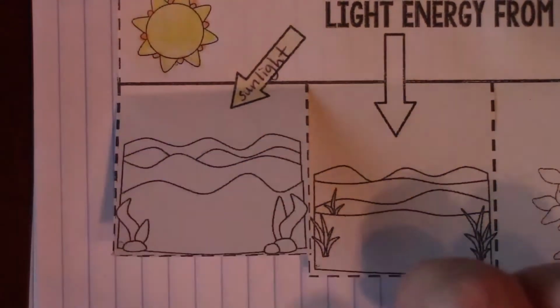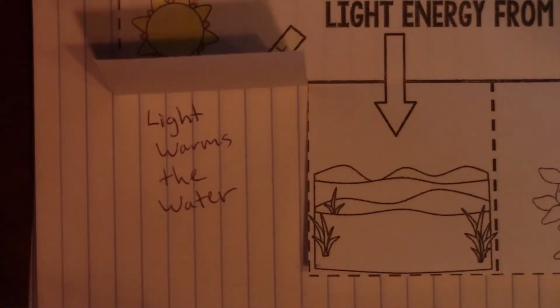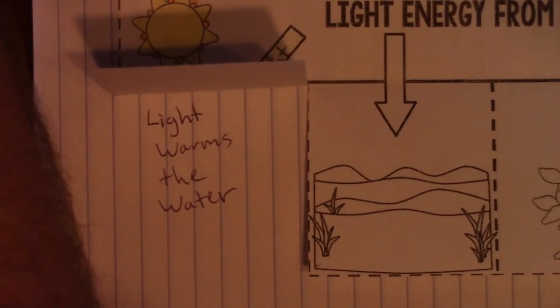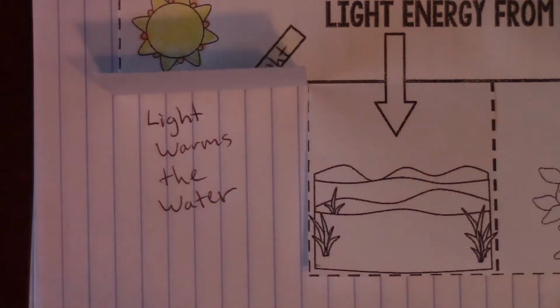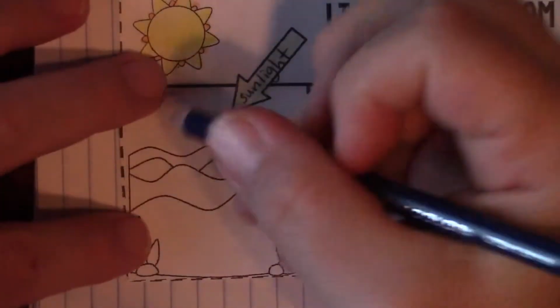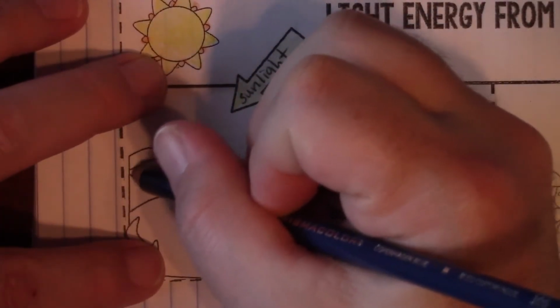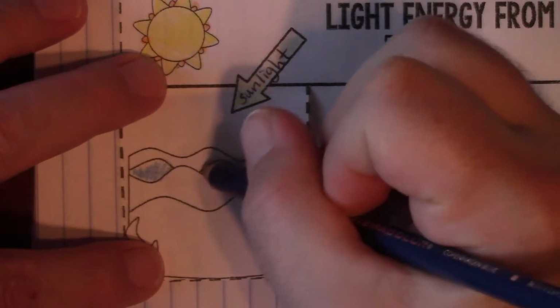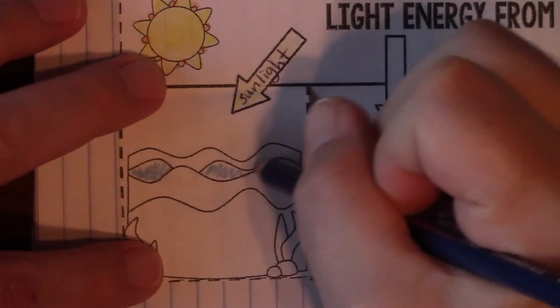After I've written that note, I'm going to get out my colors here. And what color is water? Well, it's blue. So I'm going to grab a couple different blues. Make this a nice deep blue ocean. Looks like there's a lot of waves here.